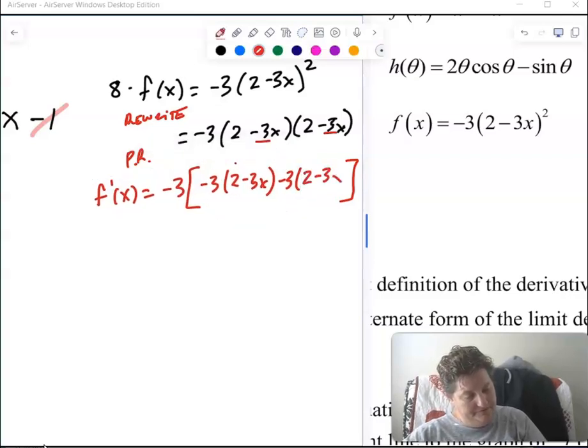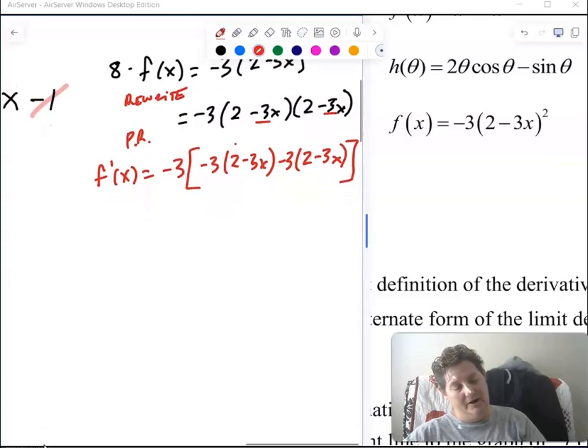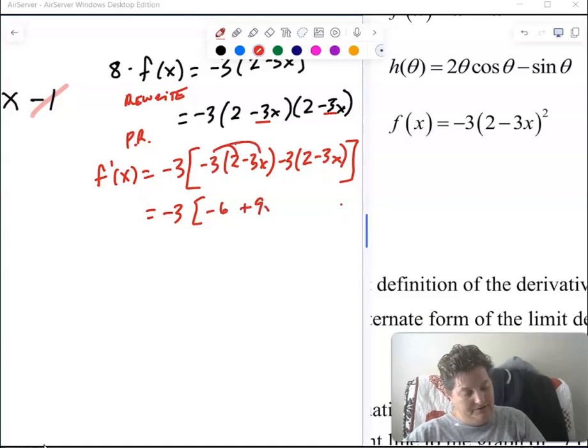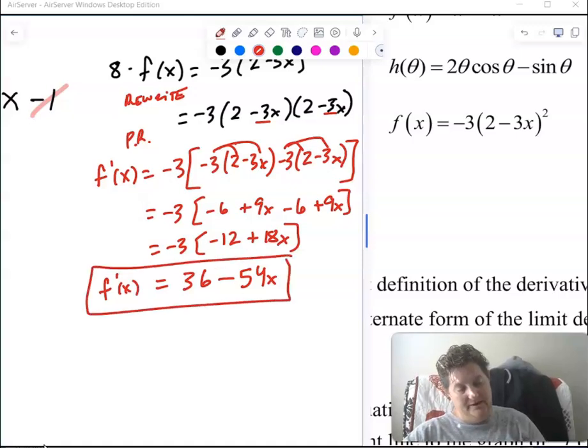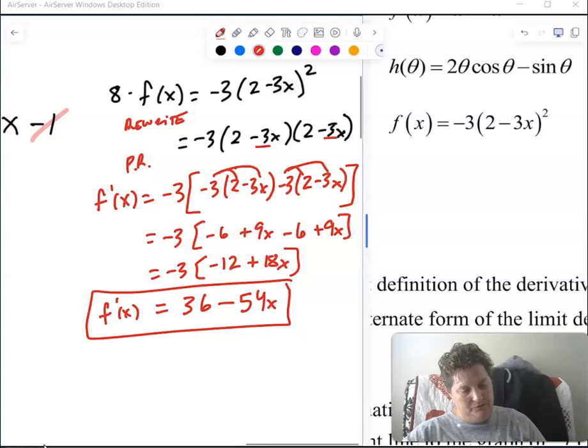When I distribute everything, that's negative 6 plus 9x, that's negative 6 plus 9x, which is negative 12 plus 18x. And if I multiply all that by negative 3, I get positive 36 minus 54x. That's one way to do it, as a product rule.